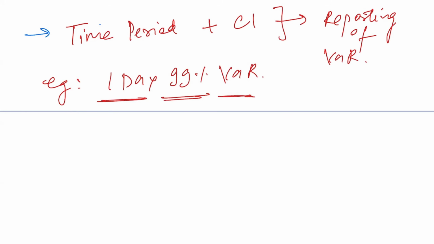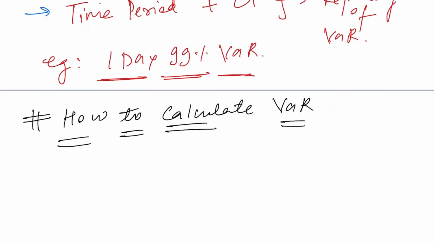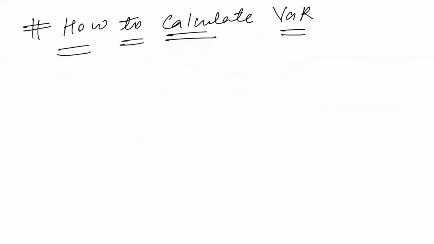So you might be thinking, how do we calculate value at risk? As we understand, value at risk is a risk measure which tells us the potential loss in our portfolio over a specific time frame and a specific confidence interval.